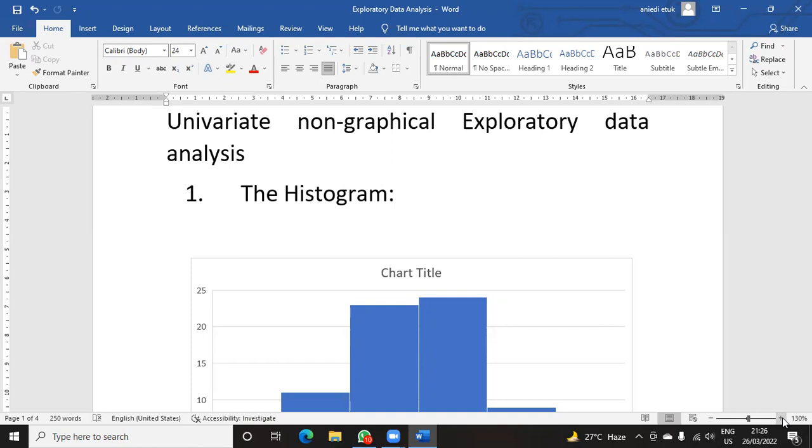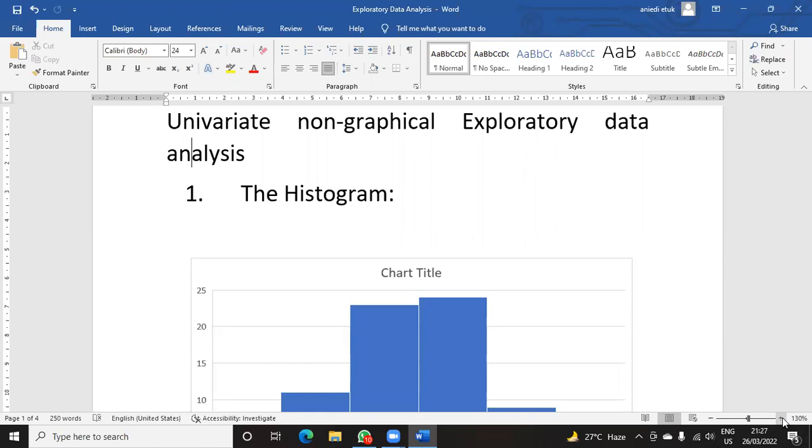Much of the analysis will be univariate analysis. But if you obtain data using the same parameters, and you obtain the data from different locations, samples from different locations, if it is two different samples or two different populations, you apply bivariate.